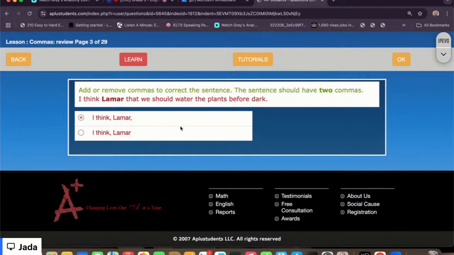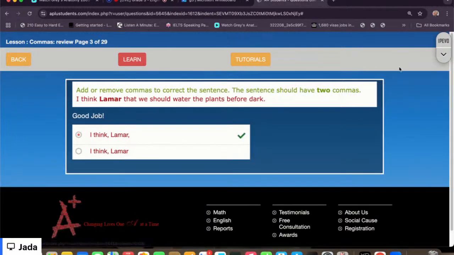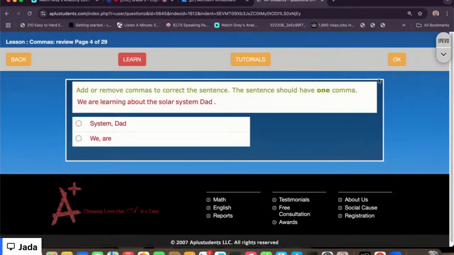All right, this is option one. So you need to have a comma before the name and after the name because you still have more sentence.